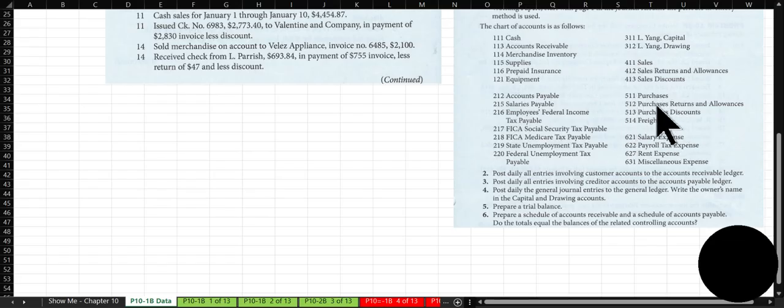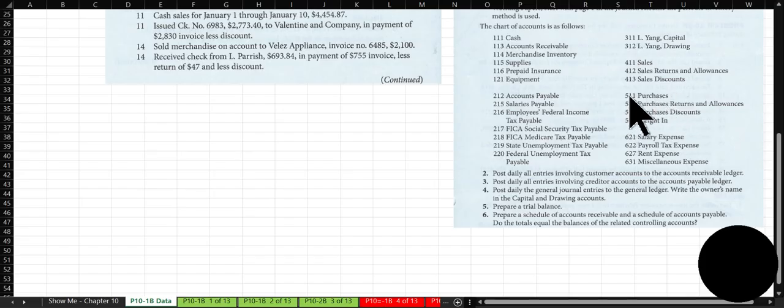Then here, we can tell that this company uses the periodic inventory method because they have a purchases account. Yes, all companies with inventory will have an inventory account, but if they use the periodic method to record the purchase of inventory, then they'll have a purchases account.